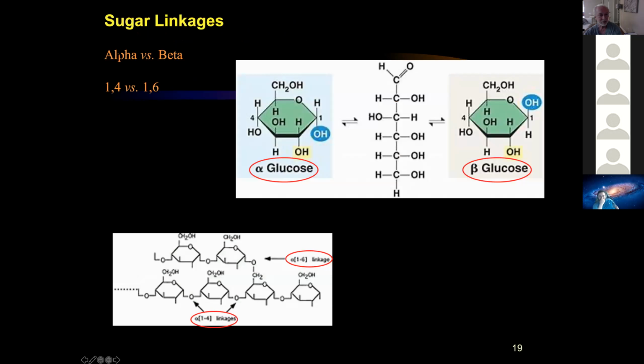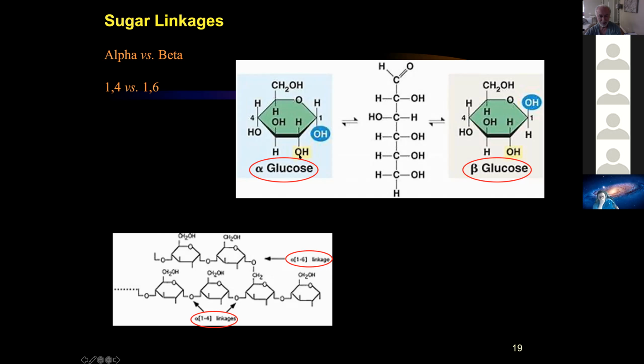Sugar linkages: alpha versus beta, and 1,4 versus 1,6. Glucose can have an alpha configuration or a beta configuration, and it depends on where this hydroxyl on the number 1 carbon is, which side of the molecule it's on.